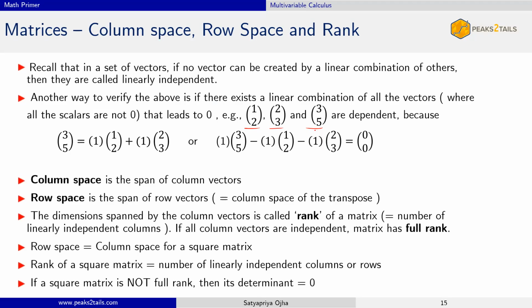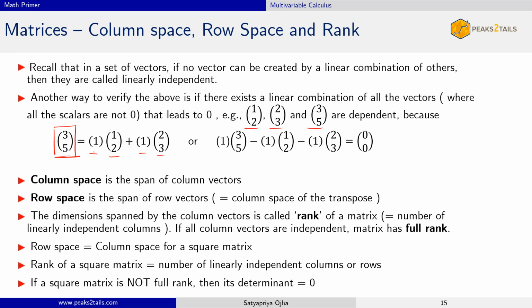But there are two ways to showcase that three vectors are linearly dependent. How do you show that? One way is, can you synthesize or replicate one vector as a linear combination of the other two vectors? If this is the case, then these three vectors are linearly dependent, right?